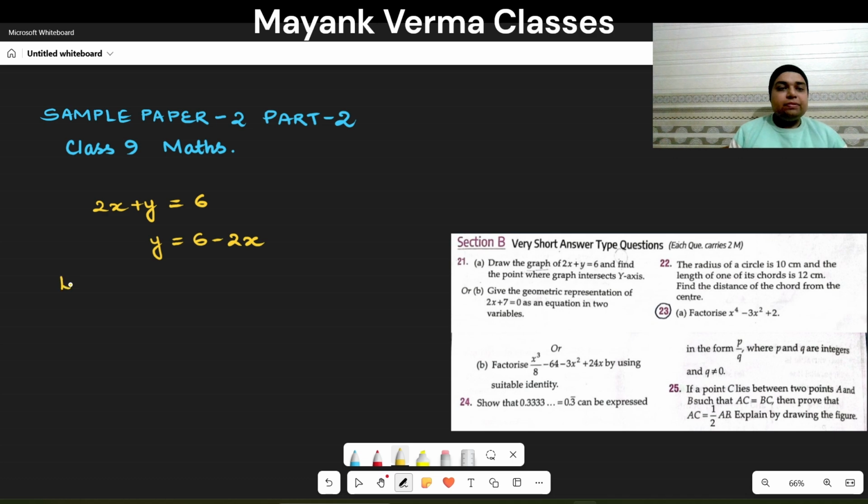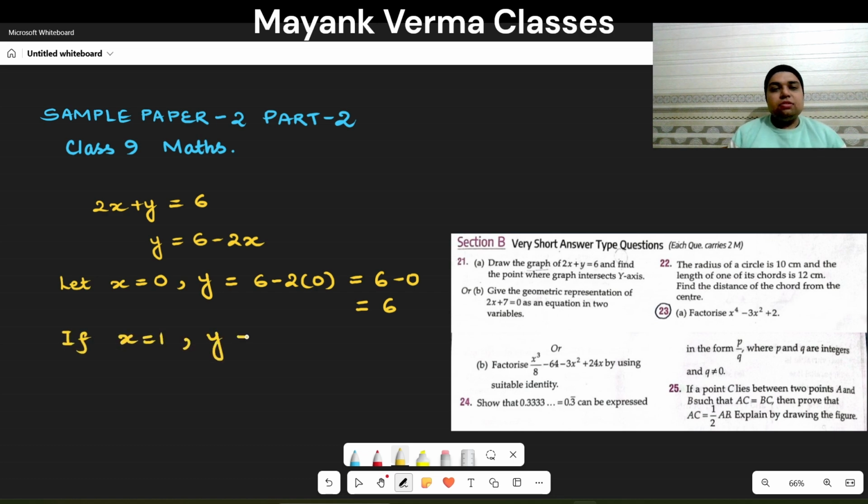So let x is equal to 0, then y will be equal to 6 minus 2 times 0, so it will be 6 minus 0, which is equal to 6. If x is equal to 1, then y is equal to 6 minus 2 times 1, which is 6 minus 2, that is 4.